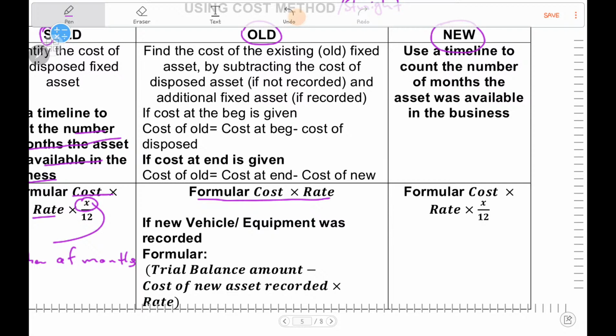Now here, if it's new, it doesn't matter which method of depreciation is used. All we want is for you to calculate the depreciation at cost, regardless of the method that is being used. Therefore the formula will be cost multiplied by rate multiplied by x over 12. Again, the x stands for the number of months the asset was available for in the business.